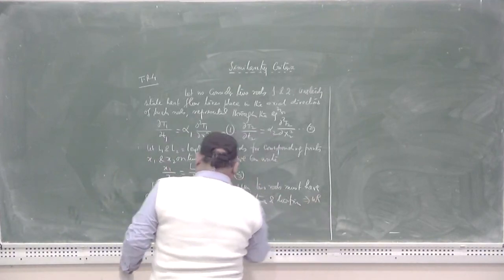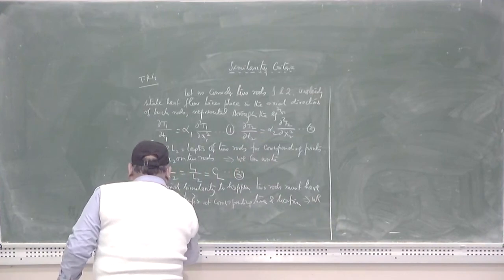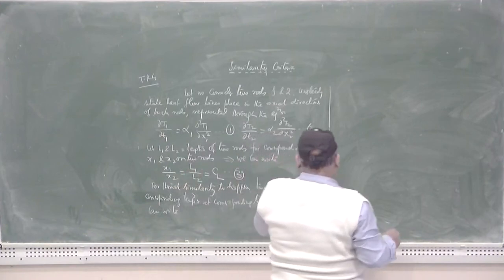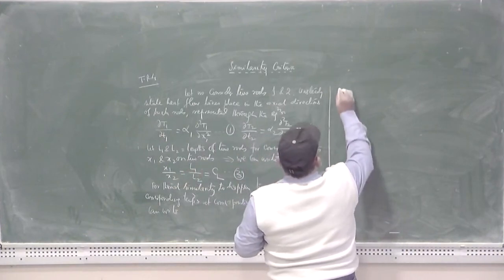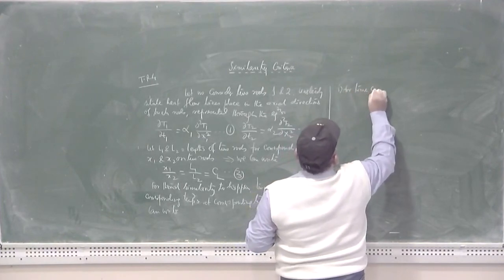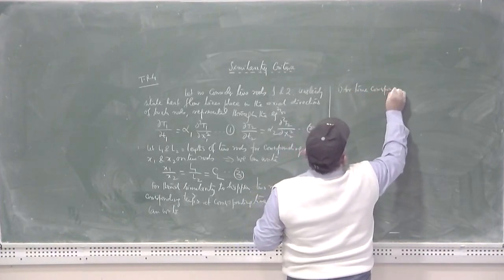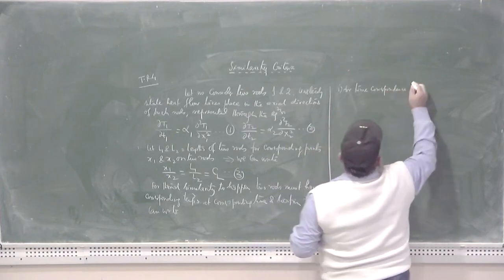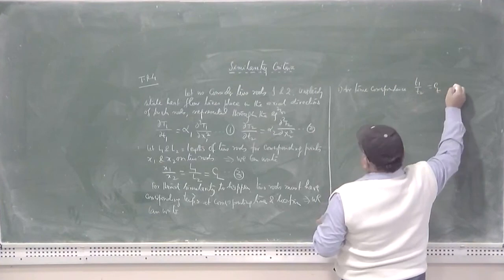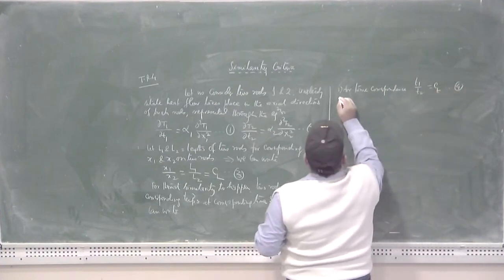So we can write, now for time correspondence, this t1 by t2 should be equal to Ct. Let it be equation number 4.